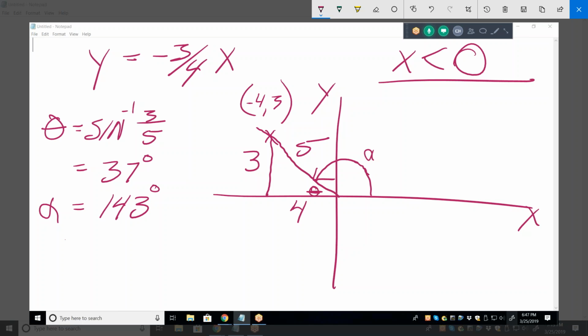So if I go to find all 6 trig functions, I'll start with sine. What's the first thing I do? Convert it to its reference angle. What's its reference angle? That's theta. 37. Right.